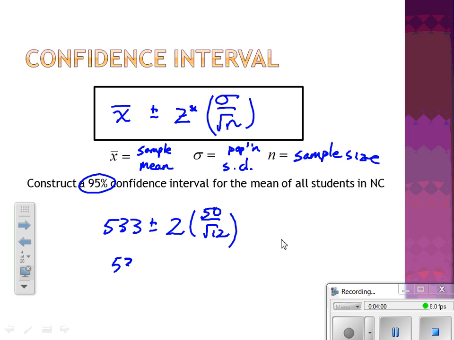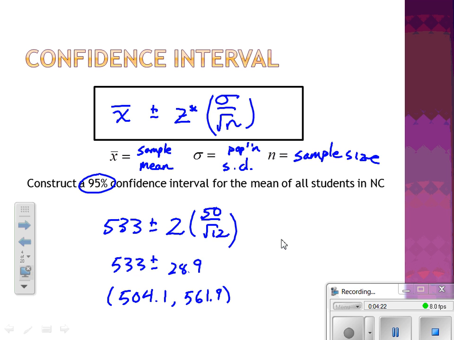So we're basically going 533 plus or minus 28.9. So our 95% confidence interval is 504.1 to 561.9.